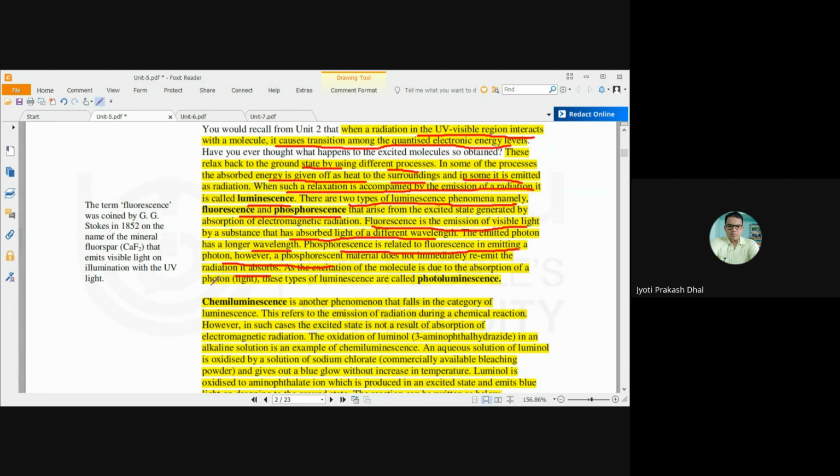If the molecule emits visible light after some time, not immediately, that process is known as phosphorescence. As the excitation of the molecule is due to the absorption of a photon, these types of luminescence are called photoluminescence.